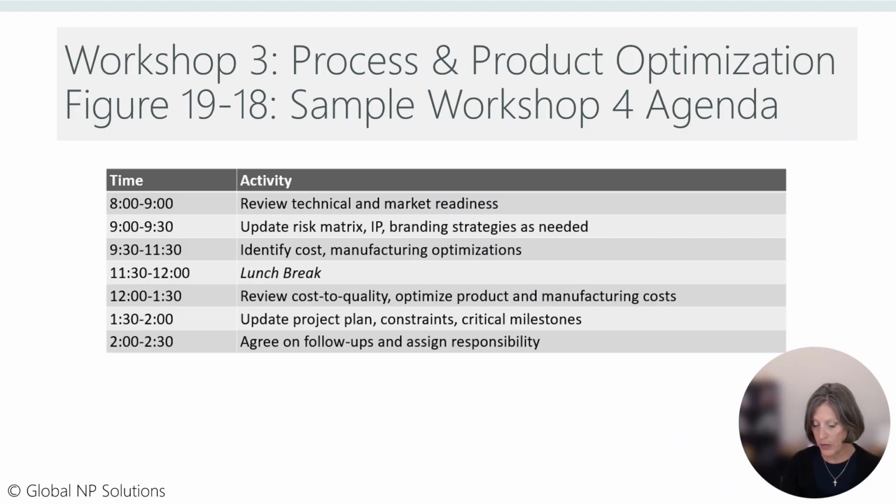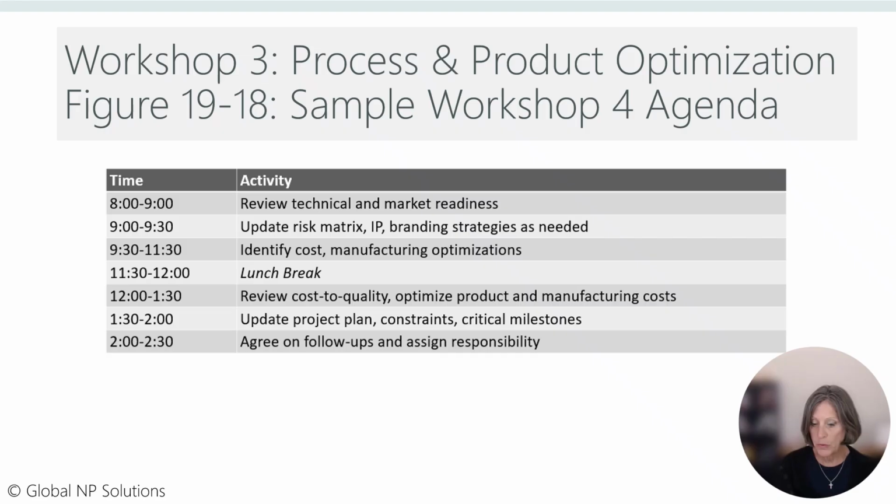Legal and regulatory experts may be invited to the workshop or will provide inputs to ensure that the product has appropriate intellectual property coverage, complies with required standards and regulations, and meets branding guidelines for the category and company. A suggested agenda for the workshop is shown in figure 19-18.